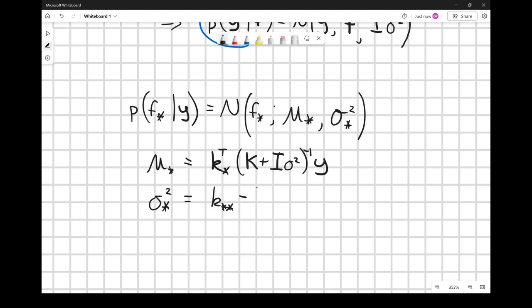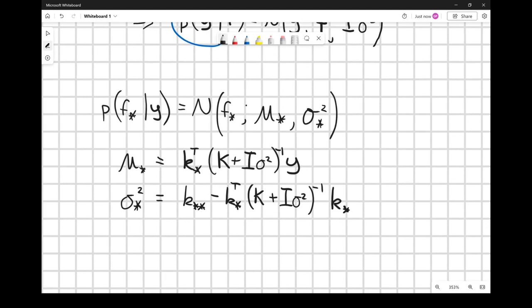Defined earlier in the video, we've got this k star matrix vector, again transposed. We've got this k plus identity sigma squared inverted again, and then we have our k star vector to finish it off. And so this is what we really want. Now we are able to evaluate, when we get a new input x star, a probability distribution over what f star could be.